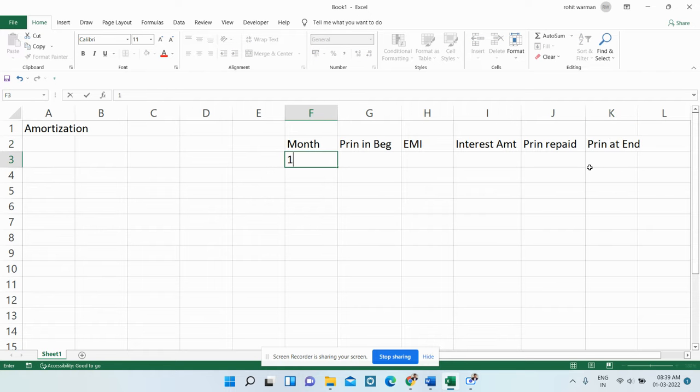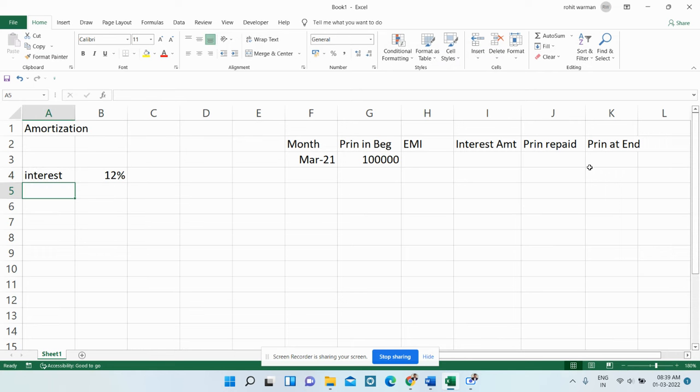Suppose today is 1st March, let's say March 21, and let's say a loan is taken, for instance, a small amount, 100,000. And since the person is paying interest, there is a rate of interest. For simplicity, I'm taking 12%.